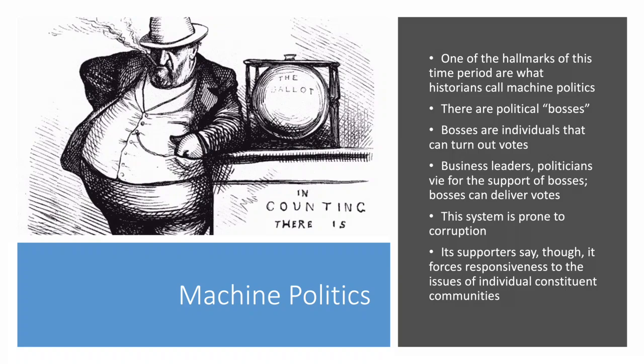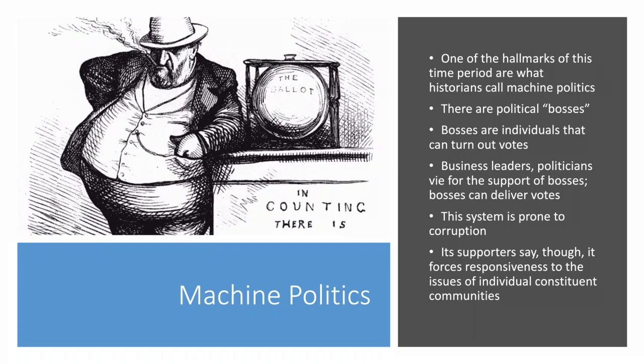And within these neighborhoods emerged individuals called bosses. They're called political bosses. And these are people who were powerful in certain neighborhoods. Sometimes they were immigrant neighborhoods. Sometimes they were class neighborhoods, like working class neighborhoods or factory neighborhoods. Whatever the case is, these people were bosses.